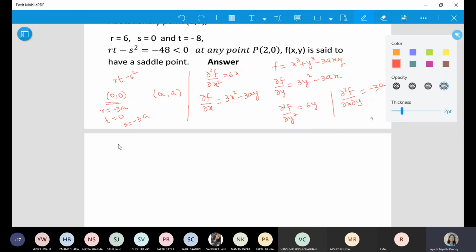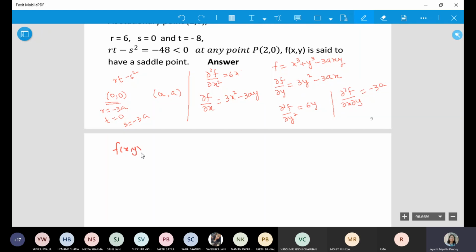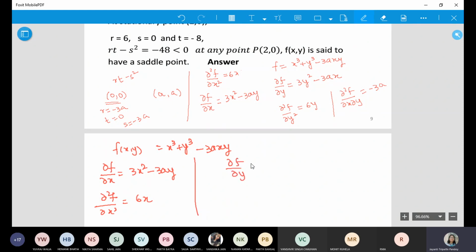We have f(x,y) as x cube plus y cube minus 3axy. So del f by del x is 3x square minus 3ay. Del 2f by del x square is 6x. Del f by del y is 3y square minus 3ax.